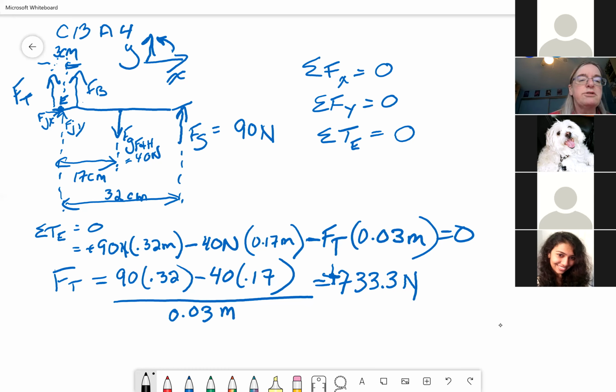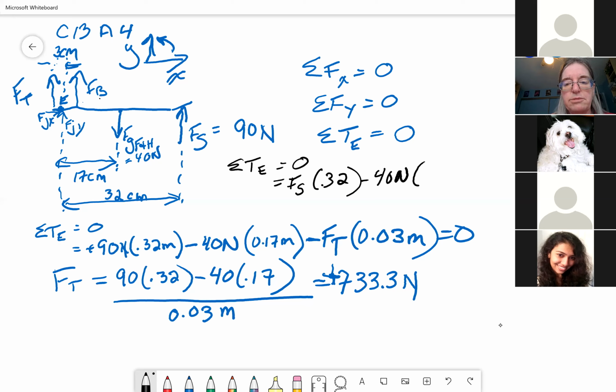So if I wanted to look at the point where neither triceps or biceps were active, I would have the sum of the torques around the elbow equals 0. I would now have no muscle forces at all. So that is going to equal the force on the scale times 0.32 minus 40 newtons times 0.17.